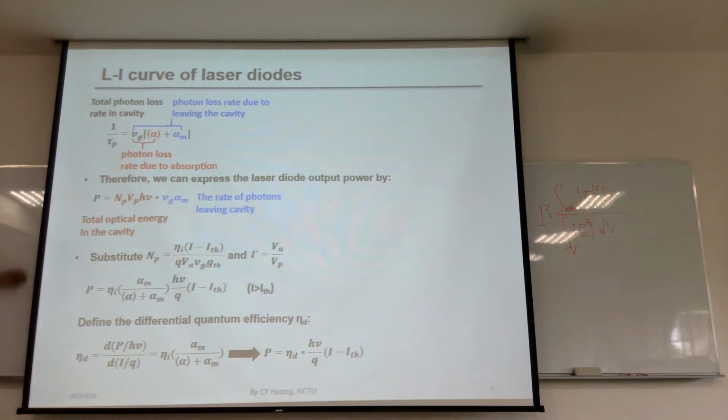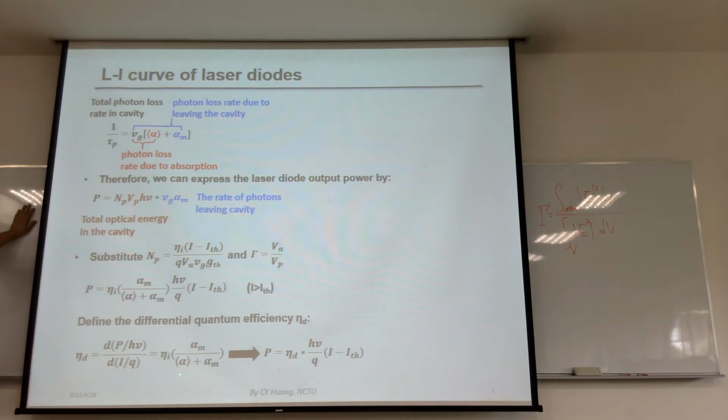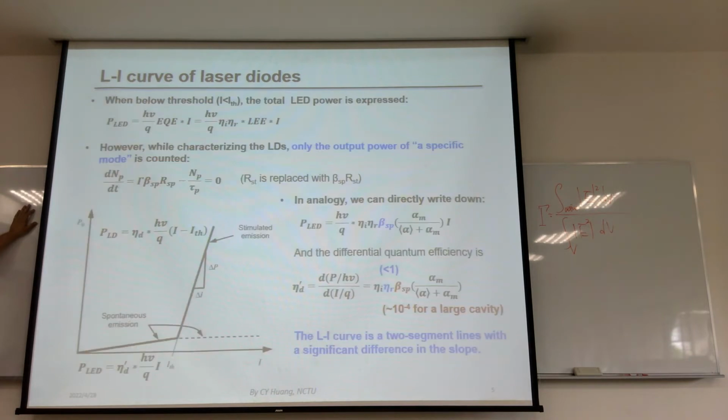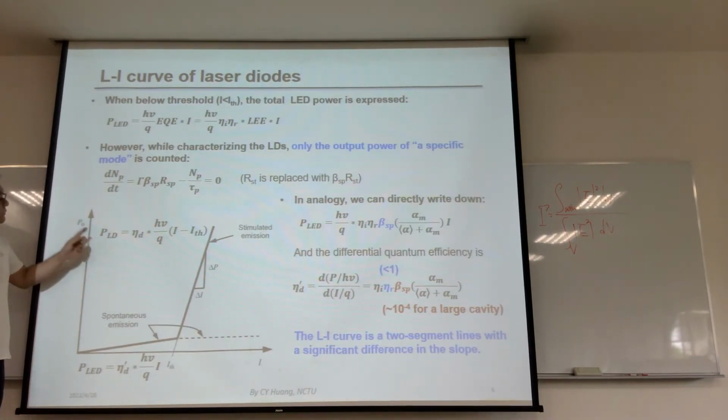So the differential efficiency will be zeta I times alpha n divided by alpha plus alpha n. That will be the slope of the LI curve.